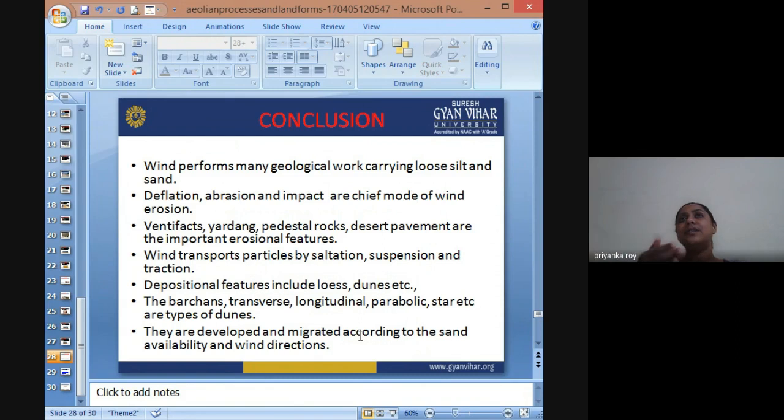In the rest of the areas you will come across ventifacts, for example, or some yardangs forming, or pediments, that is totally rocky land for a very long stretch. So that is the entire aeolian land processes.